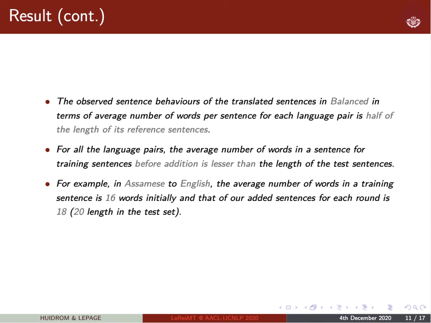For example, Assamese to English has an average of 16 words in training sentences initially, and that of the added sentences for each round is 18. And in the test set the length is 20.